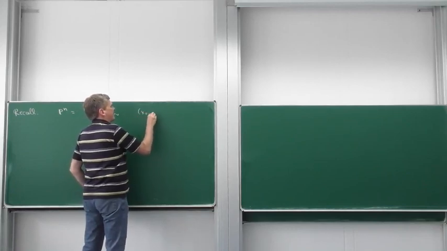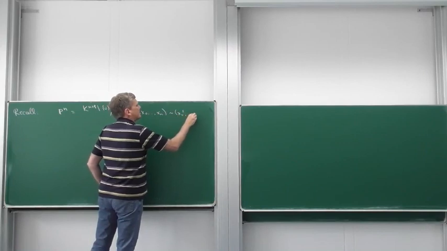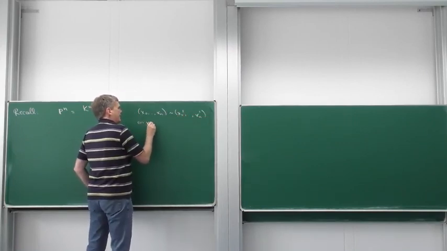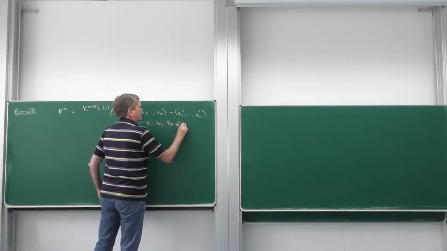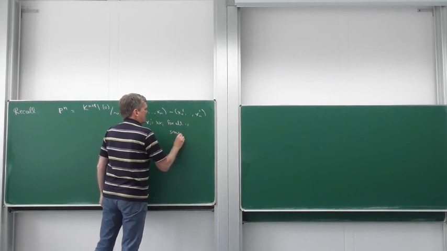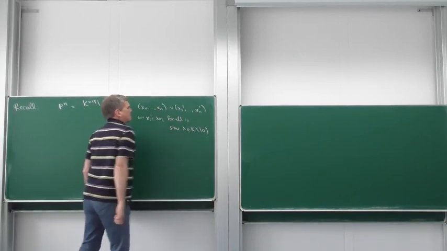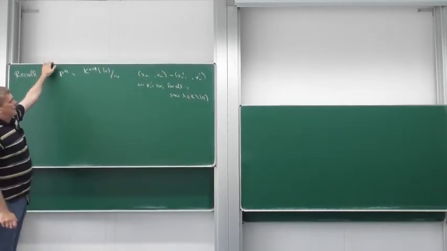So it means that (x0, ..., xn) is equivalent to (x0', ..., xn') if and only if xi' = λxi for all i, and some λ which is in k without 0. And so that is the projective space, the set of all lines through the origin.